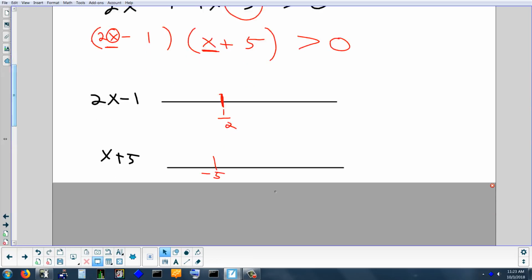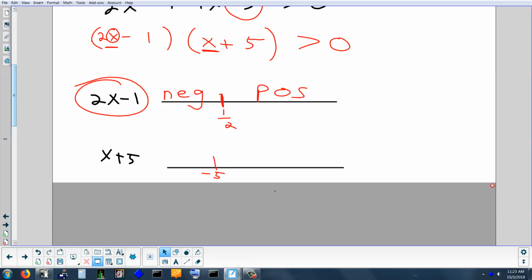All right. So let's see what happens if we plug in a number smaller than 1/2. If you want to try one in your head, think like 0. If I plug in 0 into that calculation, what kind of answer do I get? I get a negative. So anything smaller than 1/2 is negative. If I plug in a number bigger than 1/2, like 3, 2 times 3 is 6, 6 minus 1 is 5, that's a positive.